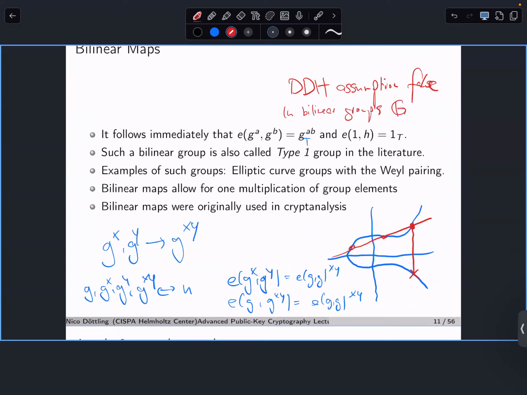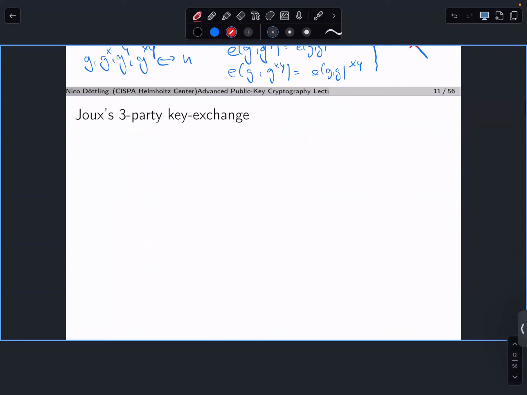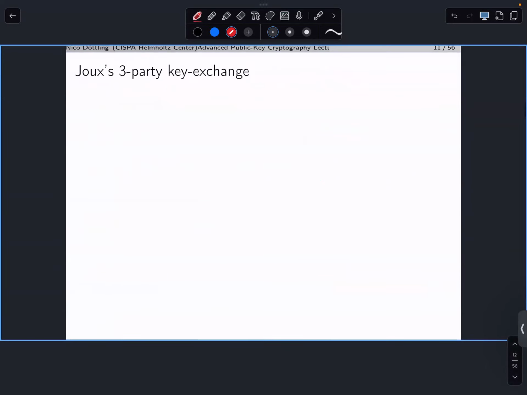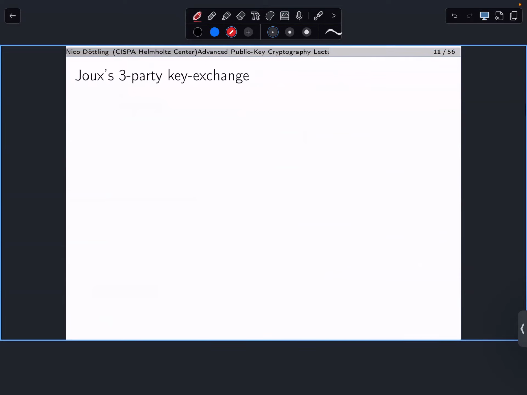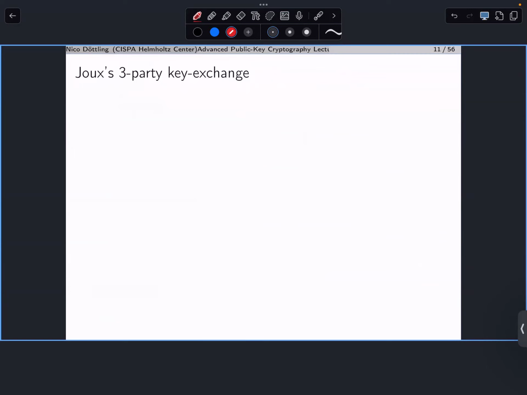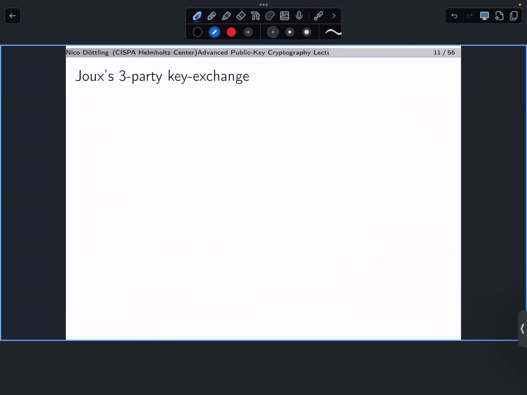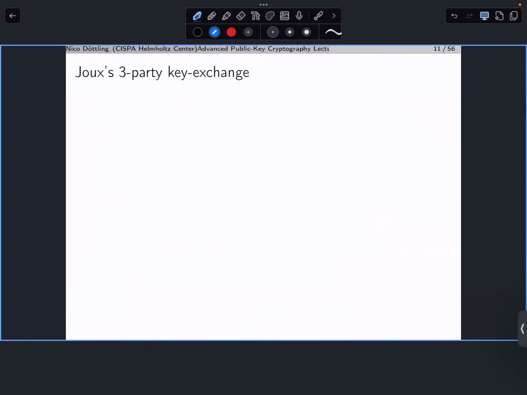Okay, but now we're going to go to the reason why they were originally introduced, which is three-party key exchange. We're going to look at this famous paper from 2001, which opened an entire area of cryptography. There are literally thousands of papers that build on this very simple idea of three-party key exchange.